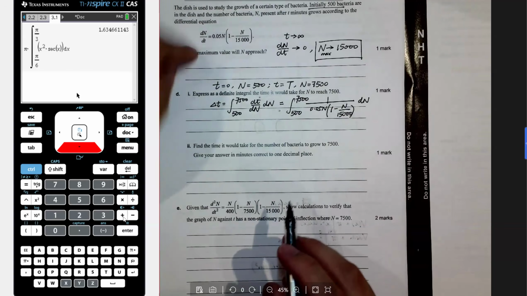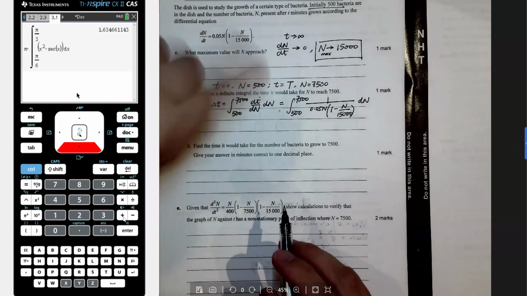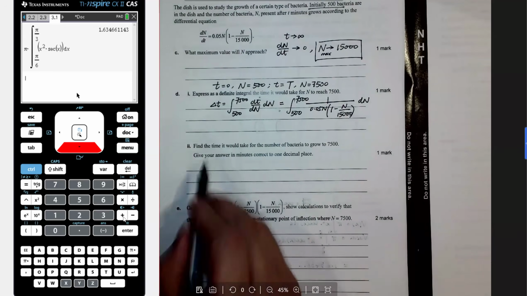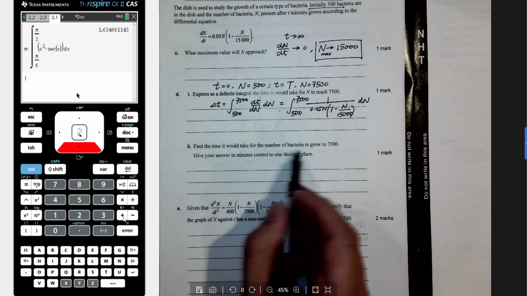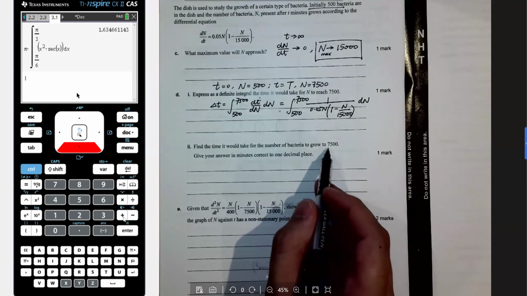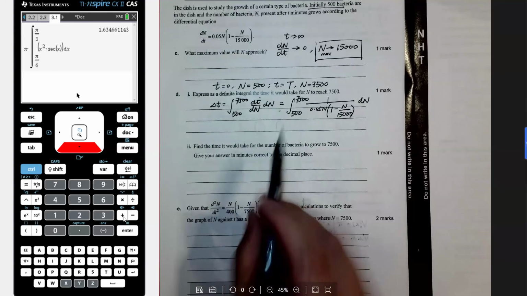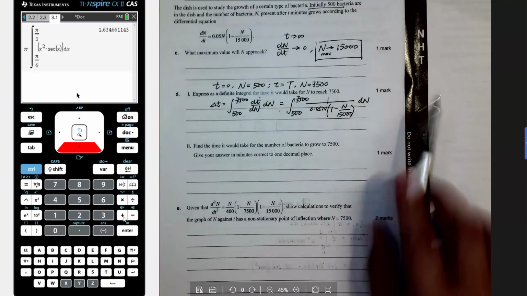Just flip that over to get dt dn and integrate the flipped function over 500 to 7,500 and find the time it would take the number of bacteria to grow to 7,500. Give your answer in minutes, correct to 1 decimal place.